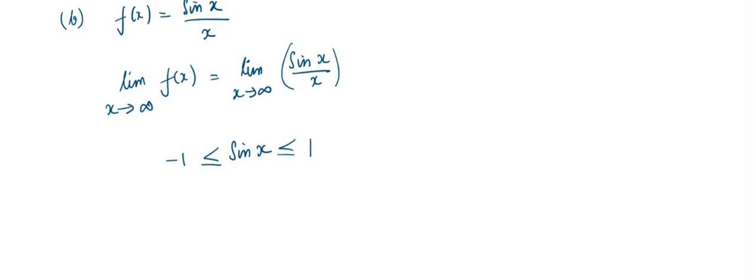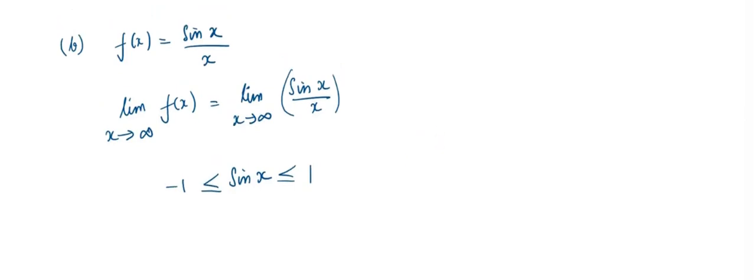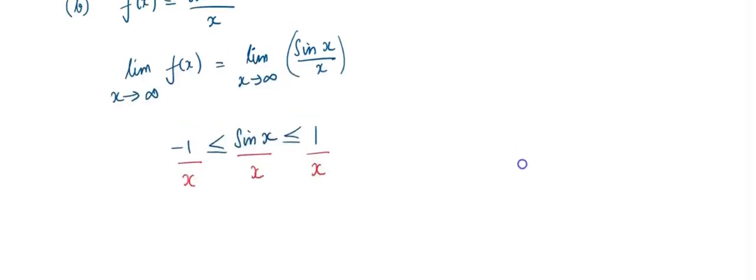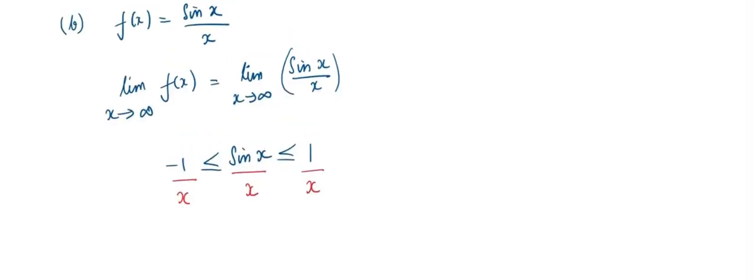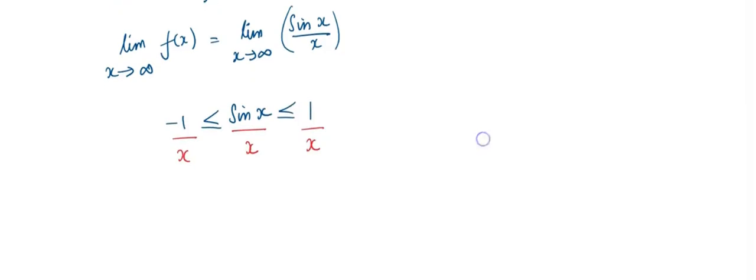Using this fact, you want to make this match up with the given function. So the given function has an x, the sine x divided by x. So because of this inequality notation, we can actually divide by x on all three parts. Now notice that your middle part actually is your f of x.